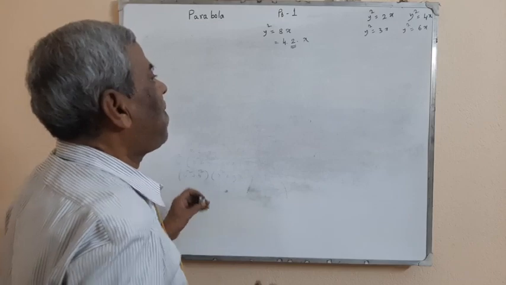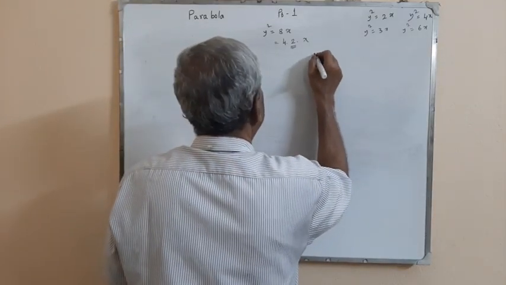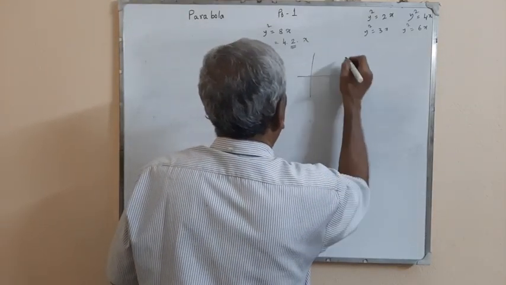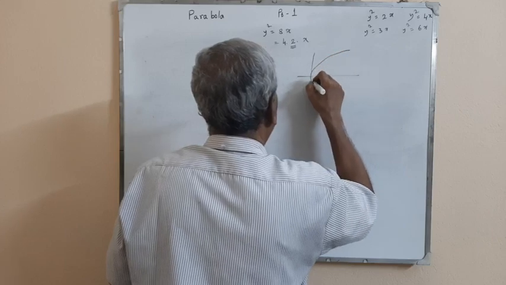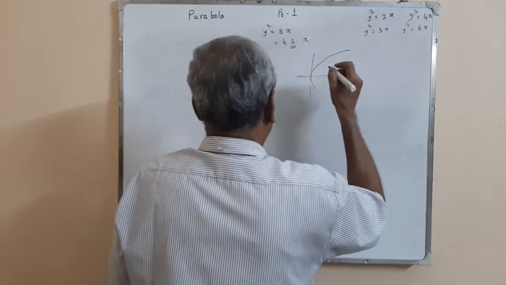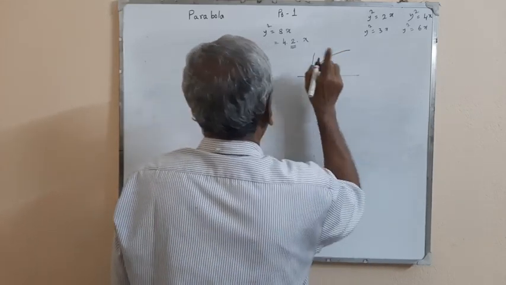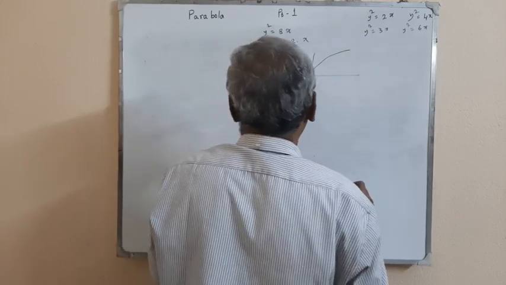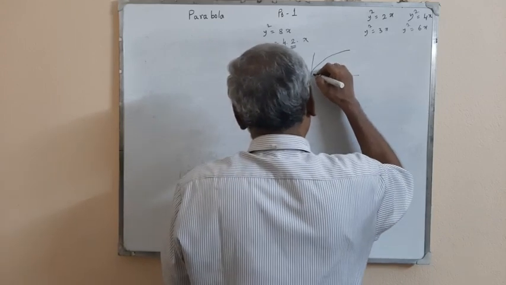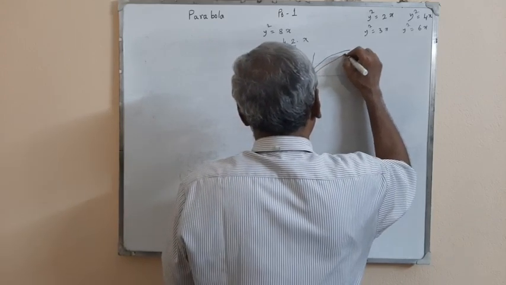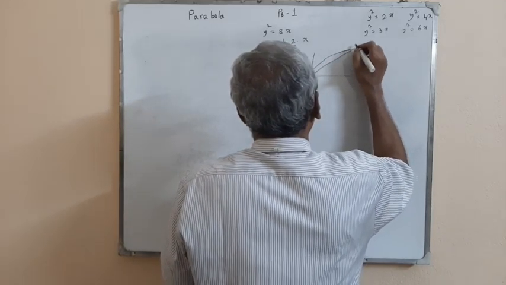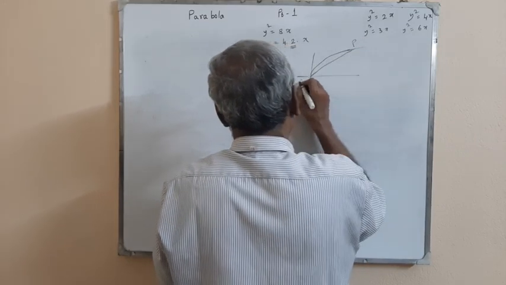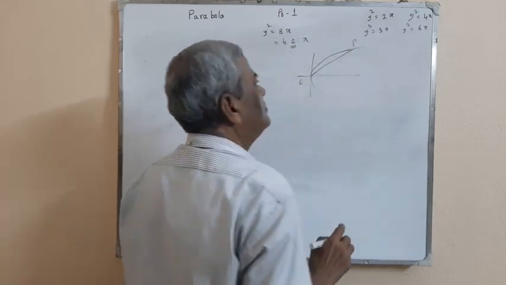So for the standard parabola, one chord is given, one endpoint of the chord is at vertex (0, 0). Suppose OP is the chord.